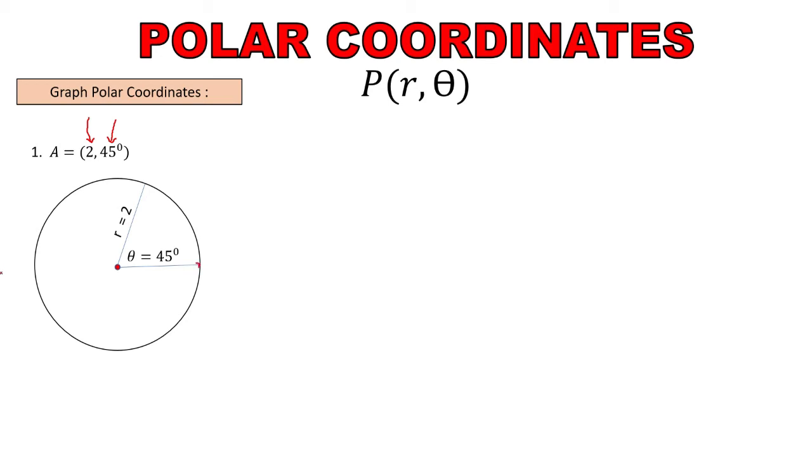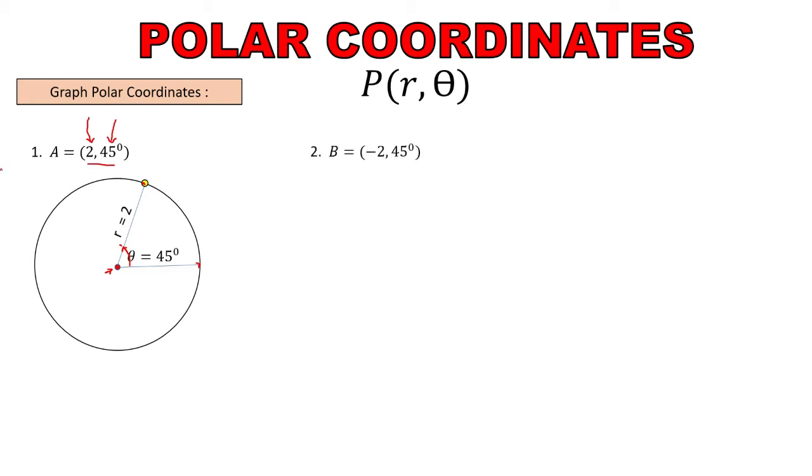From the horizontal axis, you create a 45 degree angle, and the distance from this point to this point is 2. Now this is the point (2, 45 degrees) in the polar coordinate system.